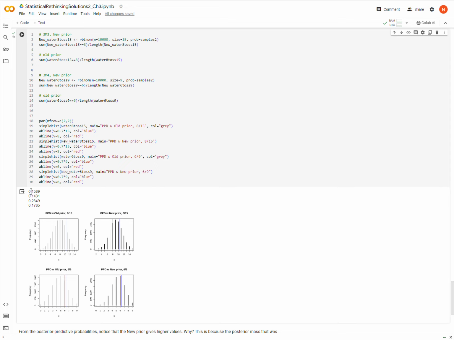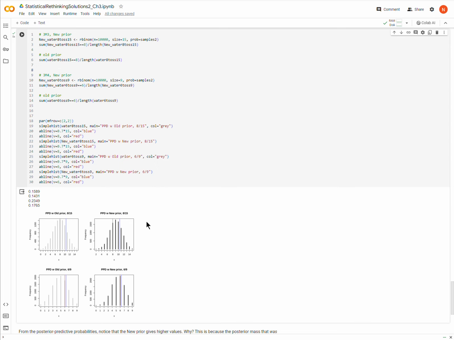Notice that the new posterior, using the new prior, assigns a higher probability mass to observing that data than the old one. Again, this is because of pushing a bunch of the probability mass from below p equals 0.5 to above that. And similarly for 6 waters and 9 tosses.